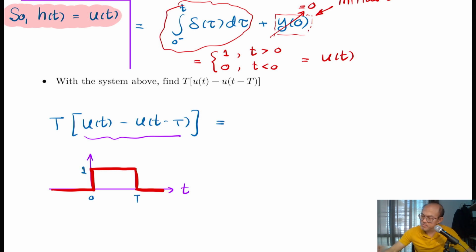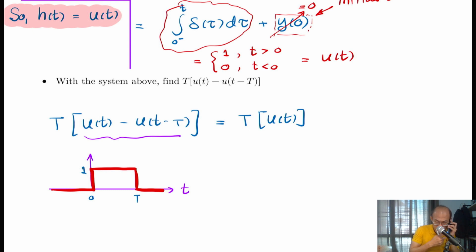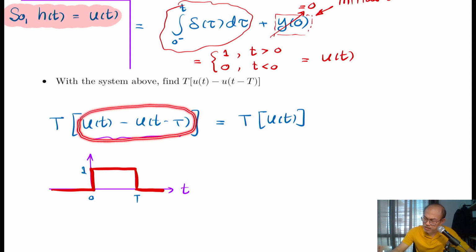Because the system is linear, as I said earlier, we can take T inside the parentheses. The output of a combination of inputs is the combination of the outputs, so we can take T inside by linearity.